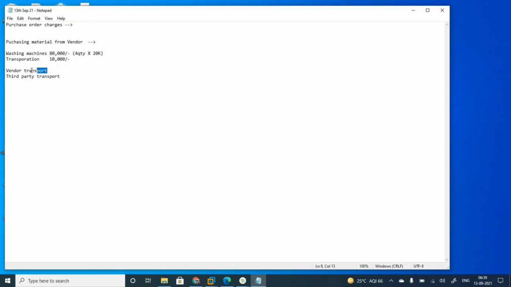Whether you need to pay this charge to the vendor or to a third party transport: if it is the vendor, then that is scenario one. If it is third party transport, in the system there is no direct solution, because we don't have a way to create a third party vendor. So for that we use the ledger concept. This is a workaround solution.